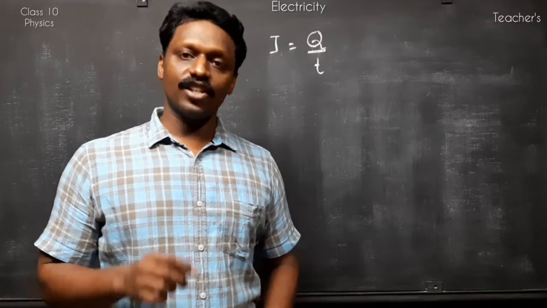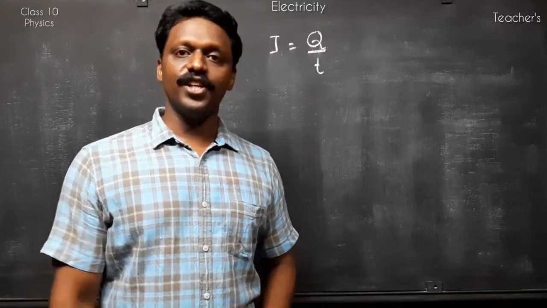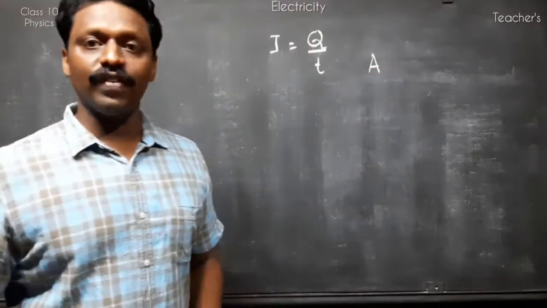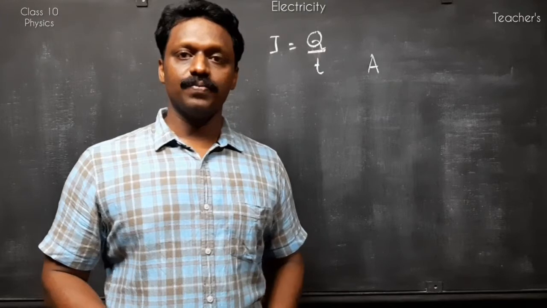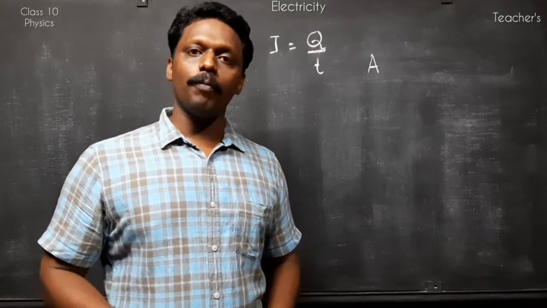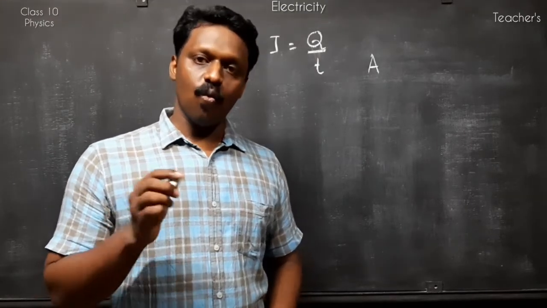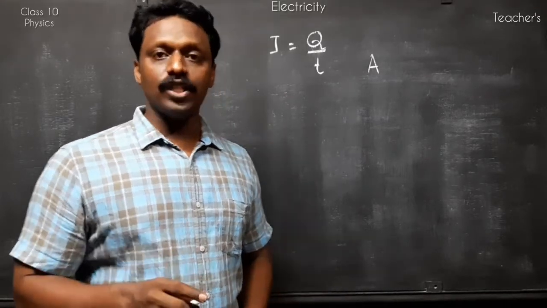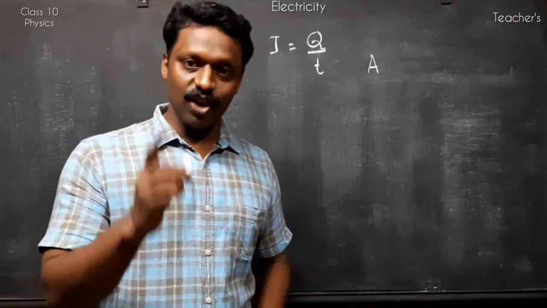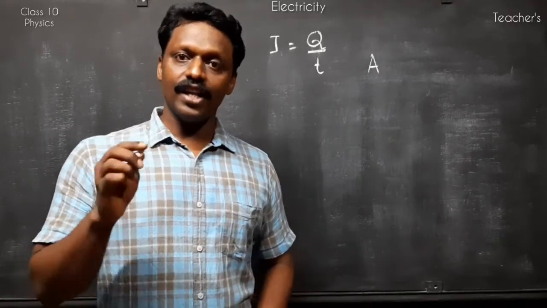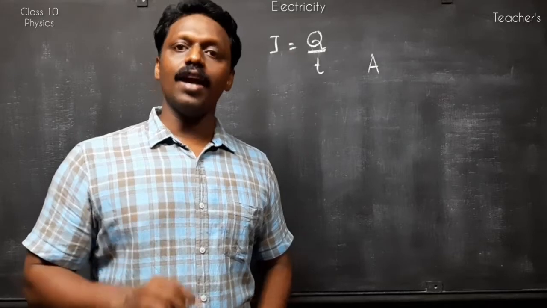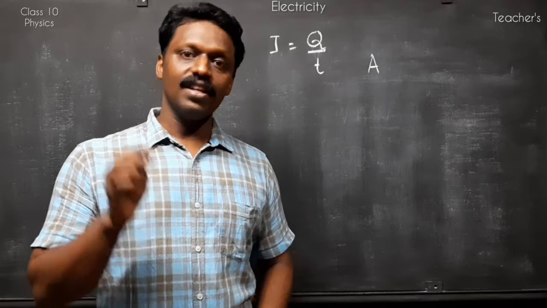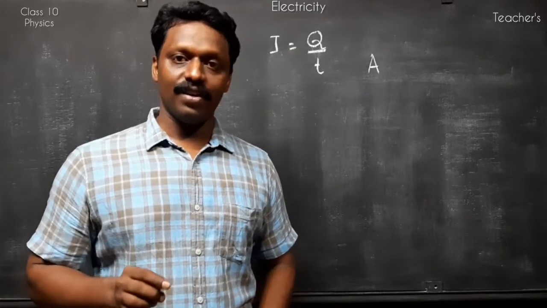The SI unit of electric current is ampere, which is denoted by the letter A. We can use this formula to obtain the definition of one unit of current called ampere. If we put q equal to 1 coulomb and t equal to 1 second in the above formula, then current I becomes 1 ampere.